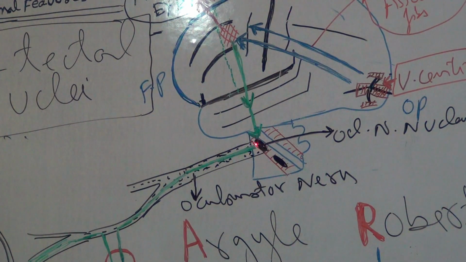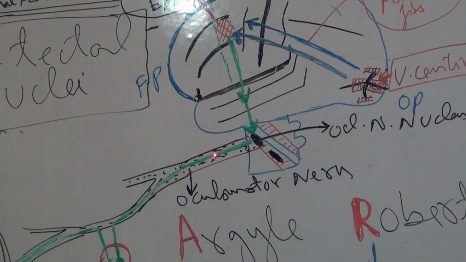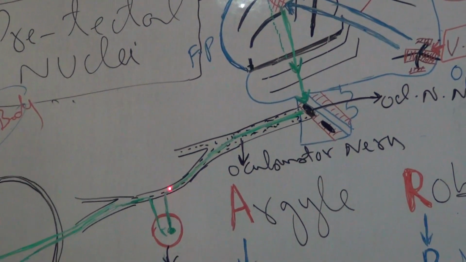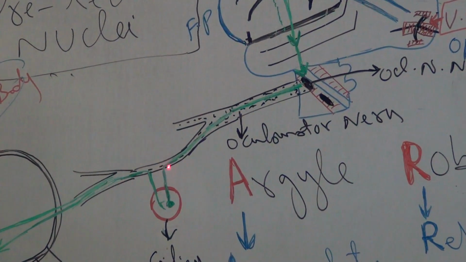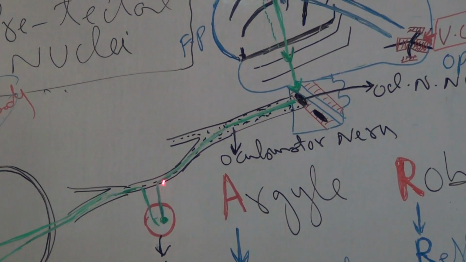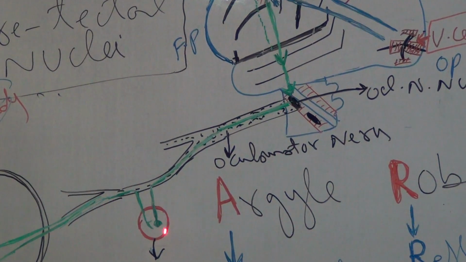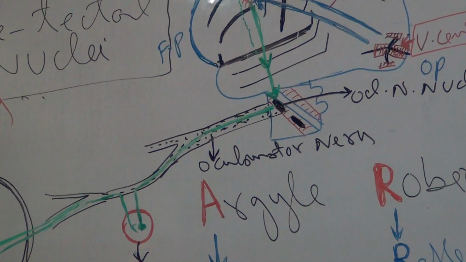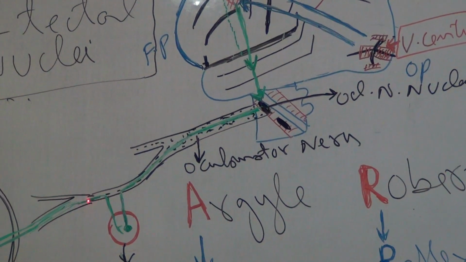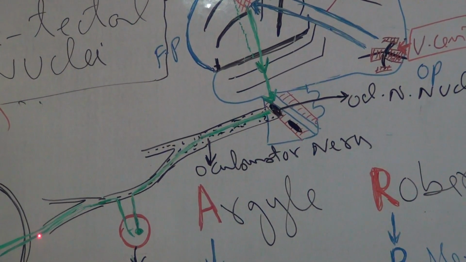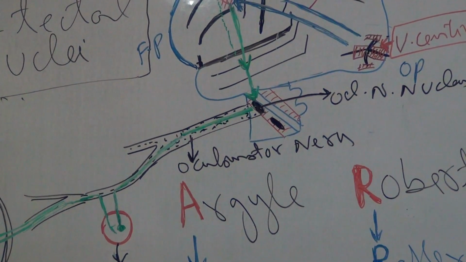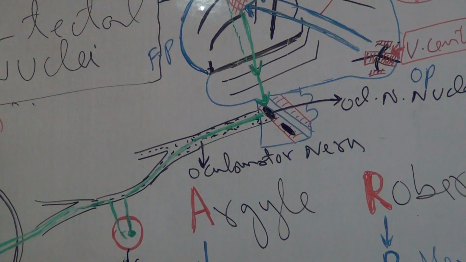From the Edinger-Westphal nucleus, parasympathetic fibers arise which run through the oculomotor nerve, follow its lower root, and reach the orbit, where these preganglionic parasympathetic fibers leave the lower root and relay in the ciliary ganglion, a parasympathetic ganglion located in the orbit. From here, postganglionic parasympathetic fibers arise which via short ciliary branches enter the eyeball to supply the constrictor pupillae muscle of the iris and the ciliaris muscle.